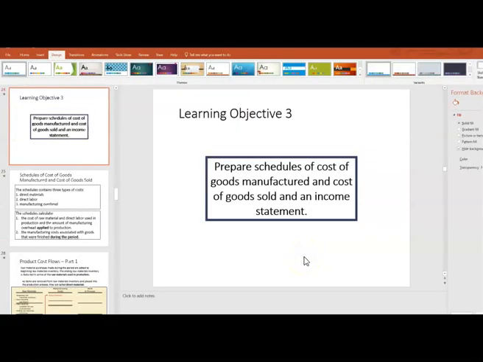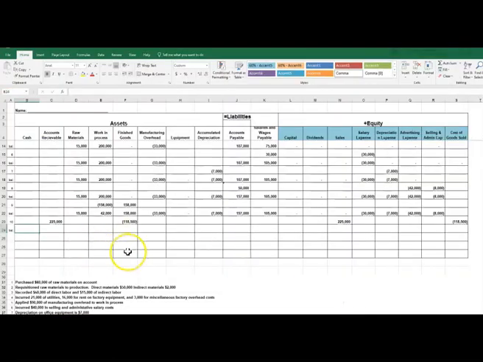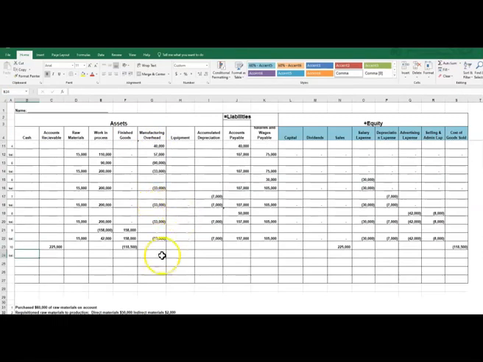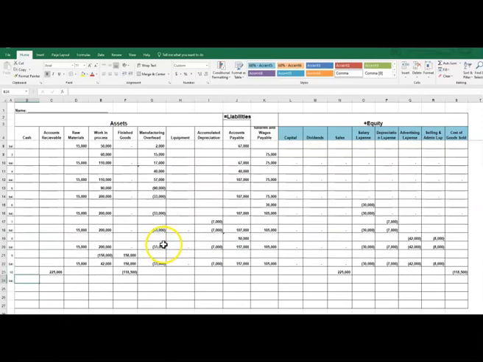Next, this slideshow wants to prepare a statement of cost of goods manufactured and a cost of goods sold and an income statement, which is great, but I want to show you first how to close out our cost of goods manufacturing. So I would not want to leave some extra manufacturing overhead. I need this account to be 0.